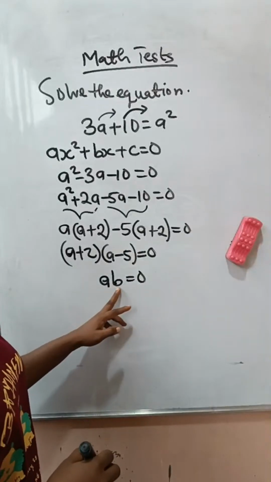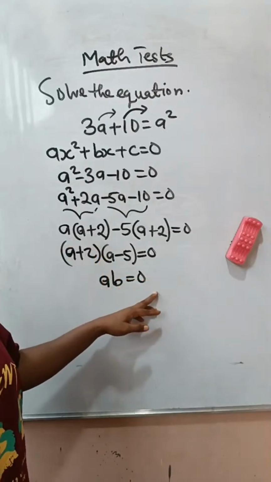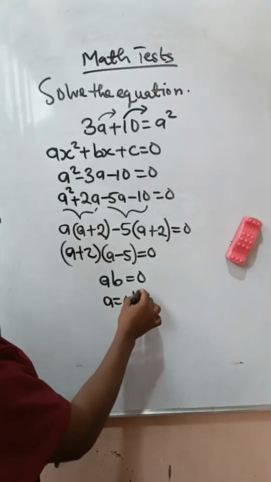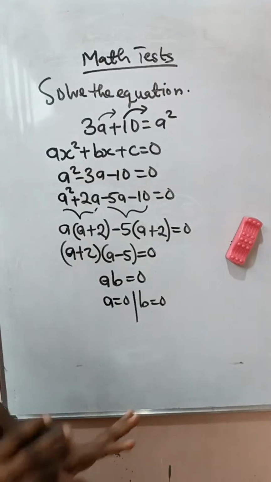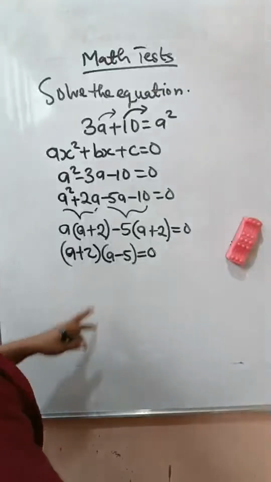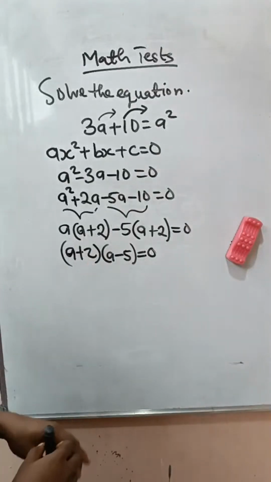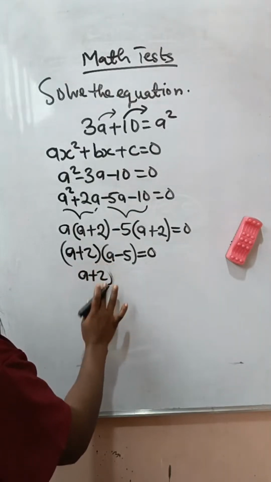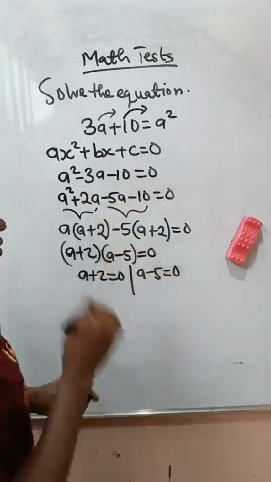So we have AB equals 0. If you multiply two numbers and your answer is equal to 0, it simply means that either A is equal to 0 or B is equal to 0. That is just the meaning. Now, we refer that to this. So it simply means that a plus 2 equals 0 or a minus 5 is equal to 0.